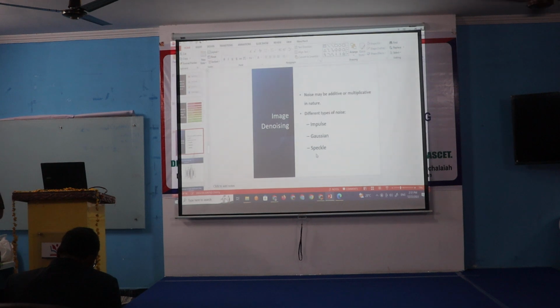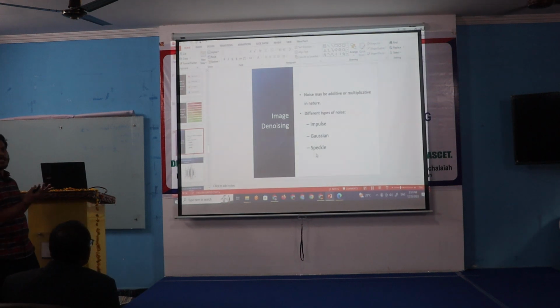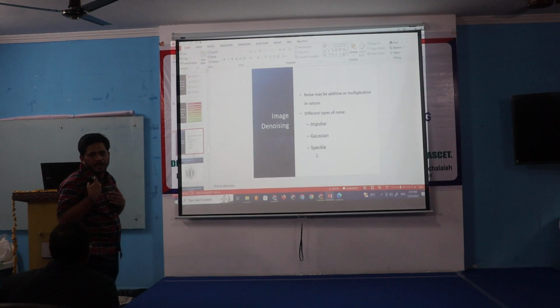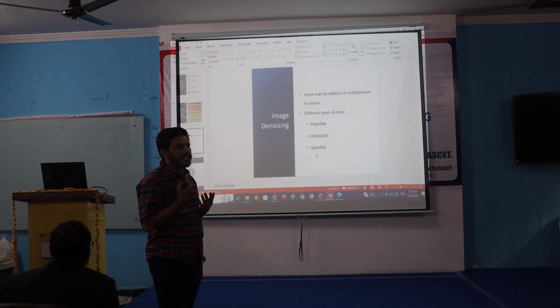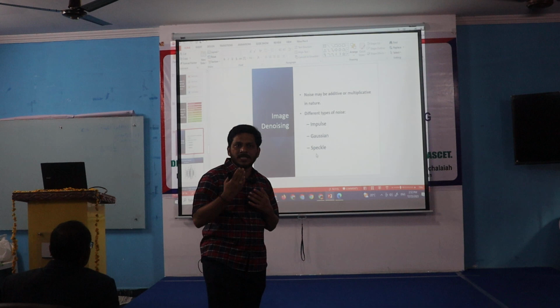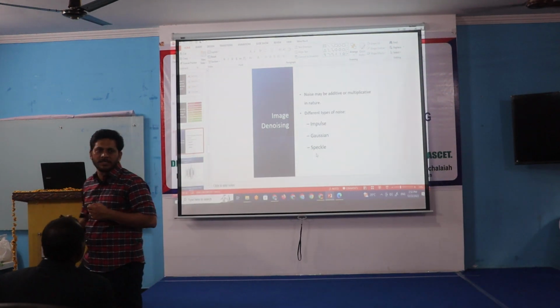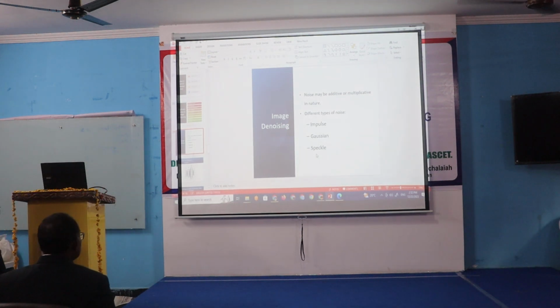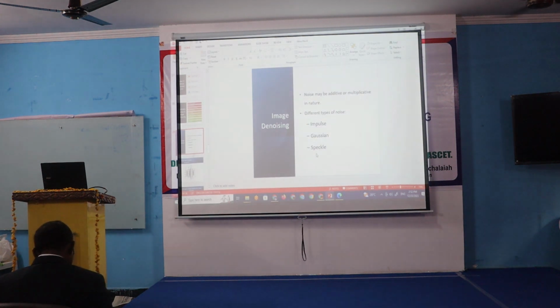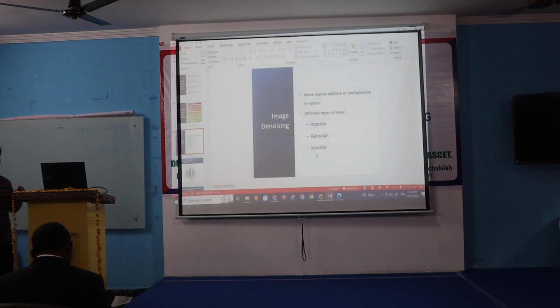A single filter, because whenever my image is transmitted over the channel, I don't know which type of noise will affect it. Maybe the channel, because of its additive nature, adds salt and pepper noise or Gaussian noise, or due to manufacturing defects of my camera, or at the display, some speckle type of noise may happen. I don't know what type of noise is in the picture. If I don't know that, how can I say that my algorithm is going to be the best?